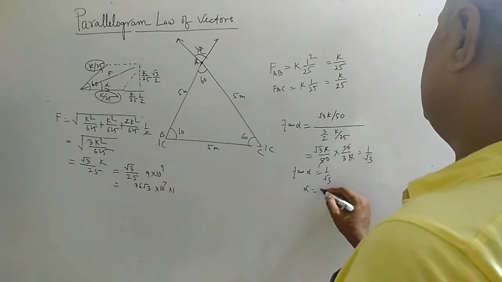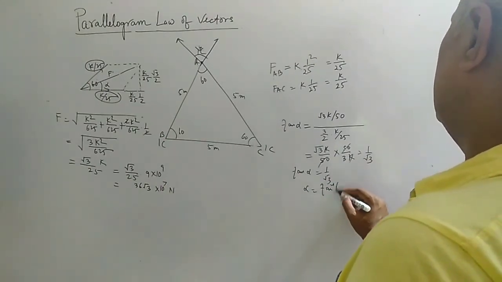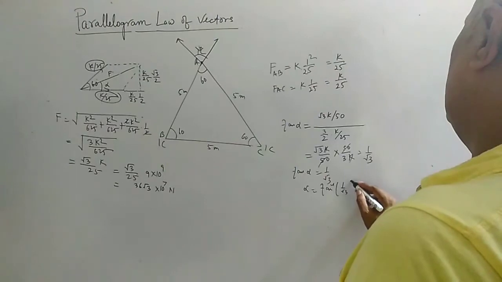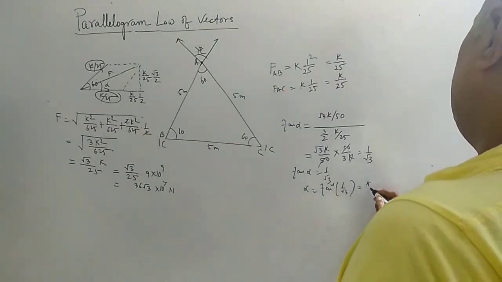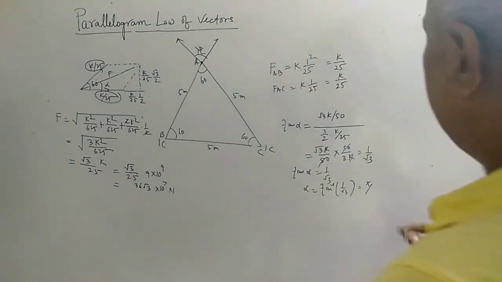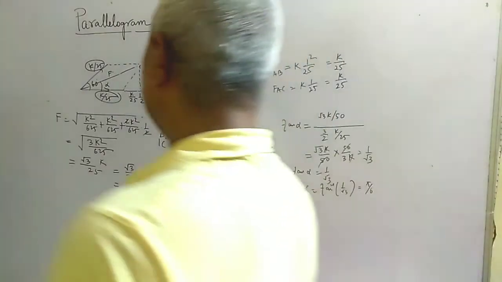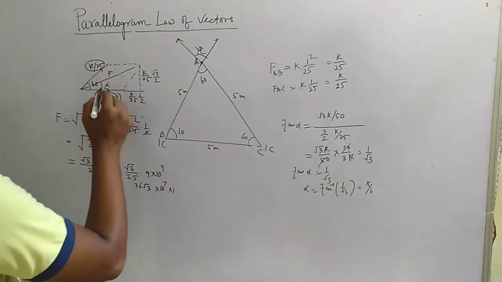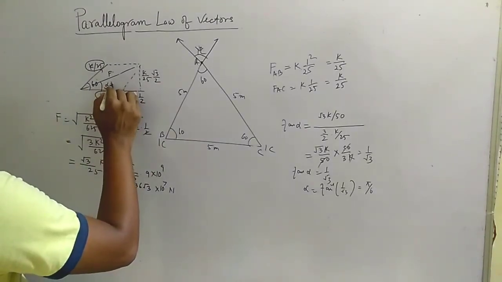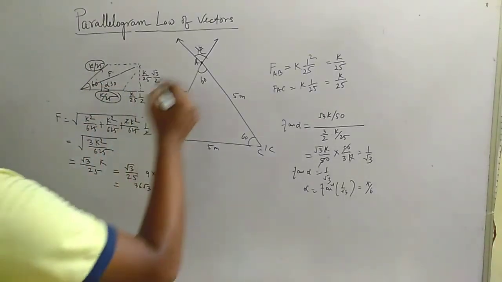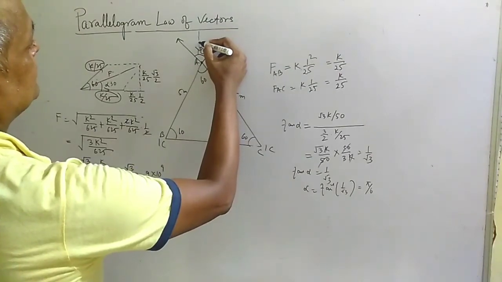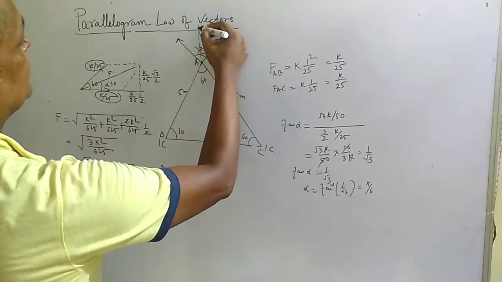So alpha is tan inverse 1 upon root 3, and that is pi by 6, meaning 30 degrees. So it means the resultant force will be making an angle of 30 degree with the positive direction, so it goes something like this. So the force is acting.